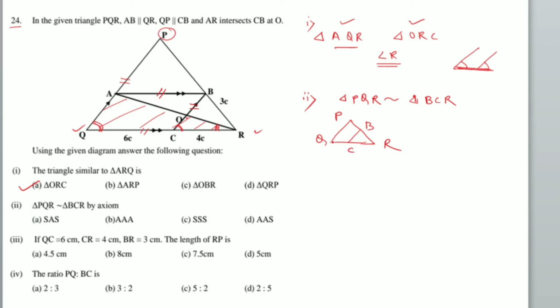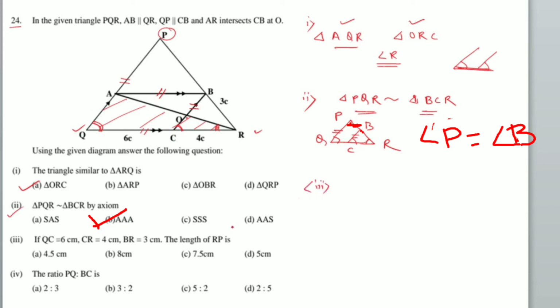In a similar way, PQ is parallel to BC. Therefore these angles are corresponding angles and these two angles are the same. Once again, R is common between both, so R is the same for both triangles. The remaining angle P is equal to B. Therefore, option B is the right answer.